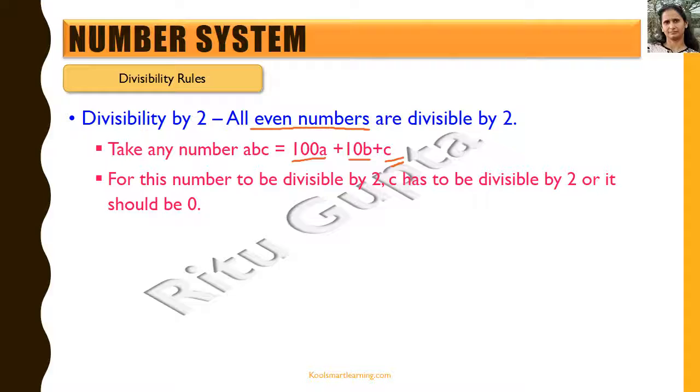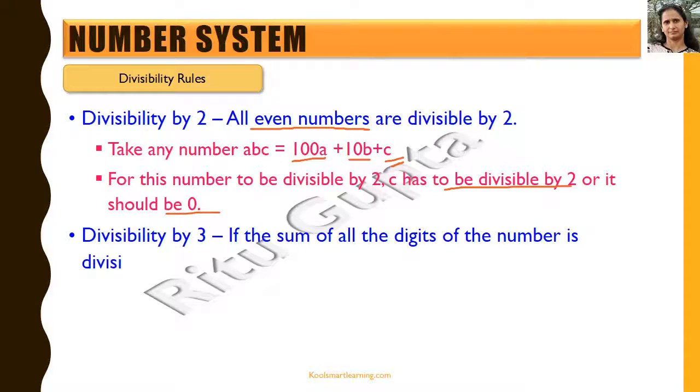So C has to be either divisible by 2 or it should be 0. If it's 0, then it's fine. So that gives us this rule where we say that all the even numbers are divisible by 2.